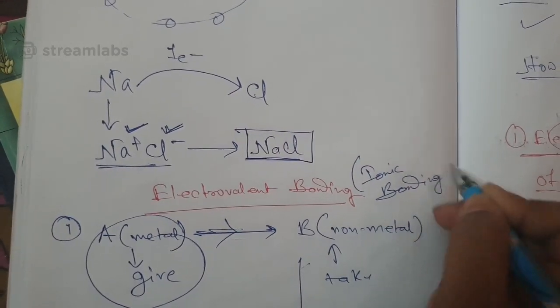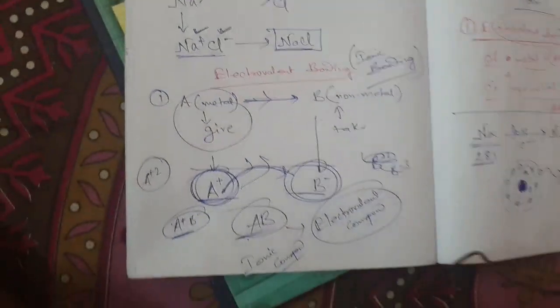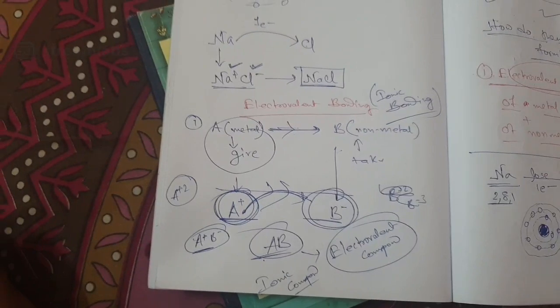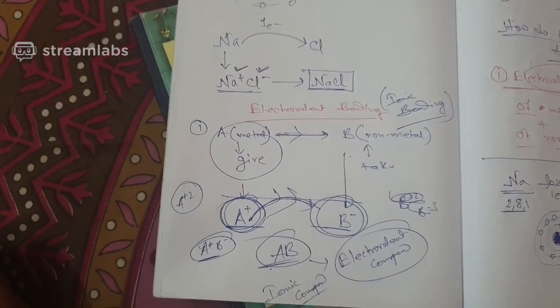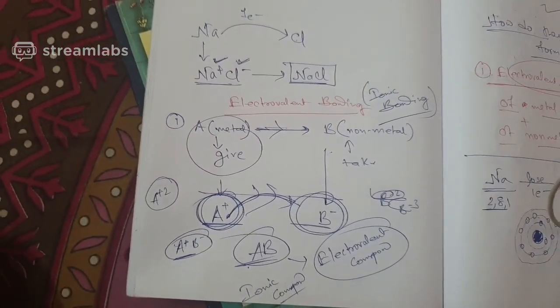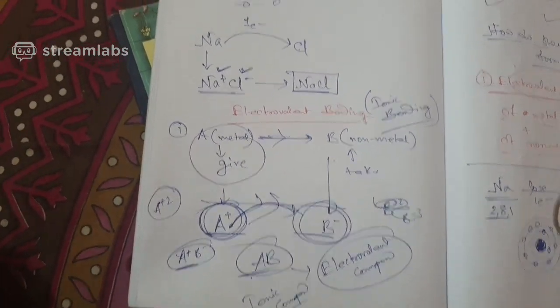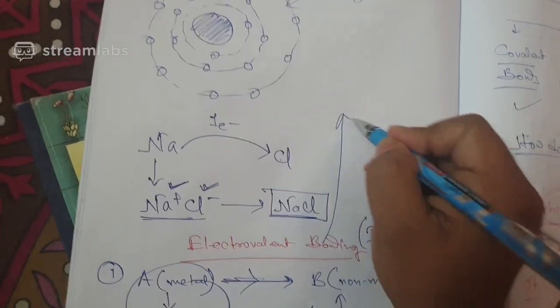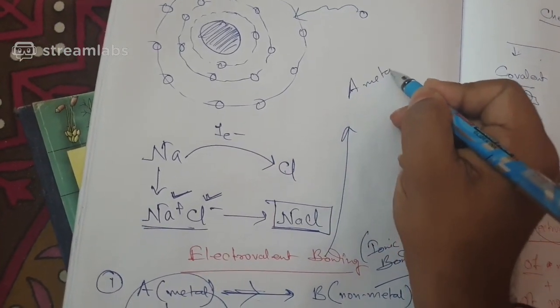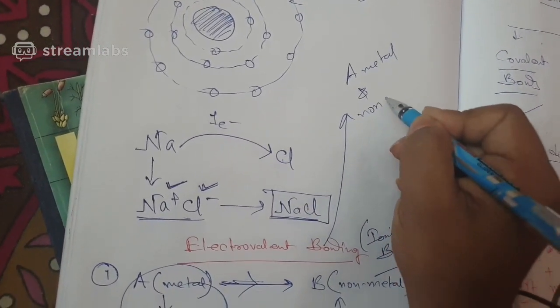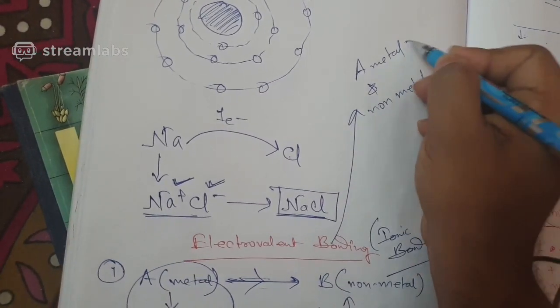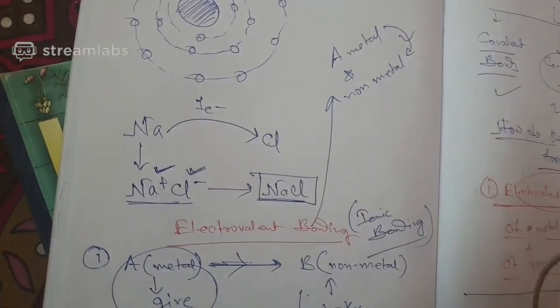Now, you have to understand why ionic: because it involves the formation of ions. One loses electron, one gains electron. We very well understand that in electrovalent bonding, a metal and a non-metal are involved. One gives the electron, the other takes the electron.